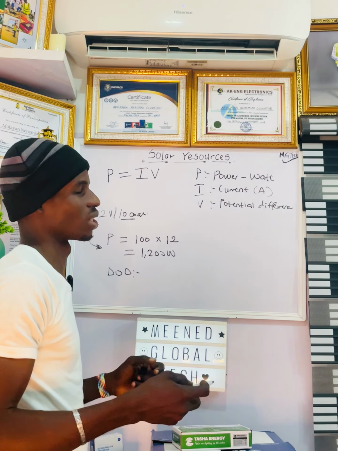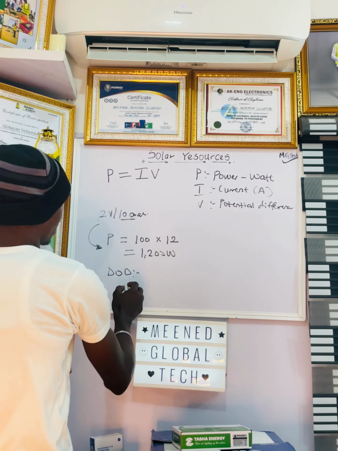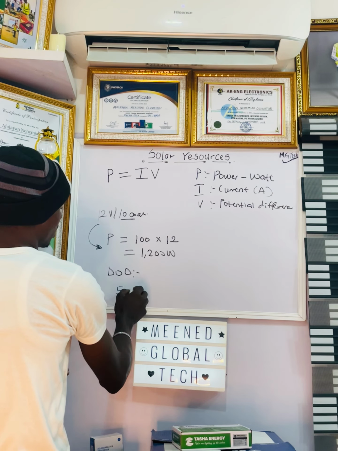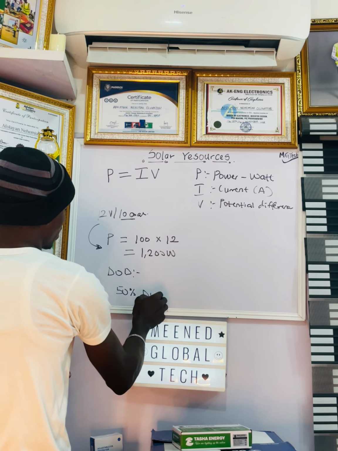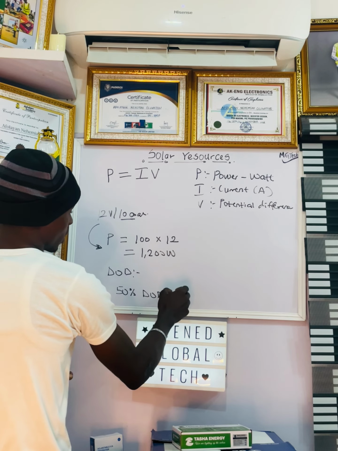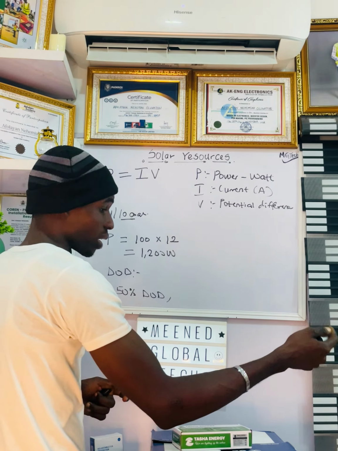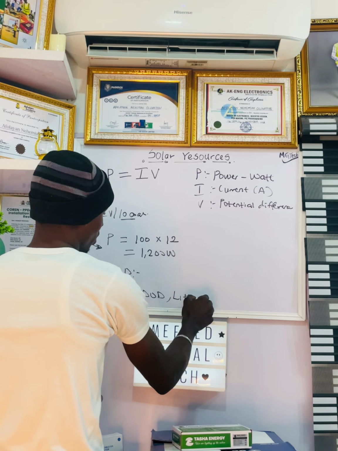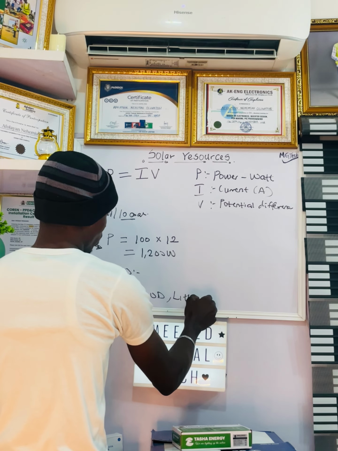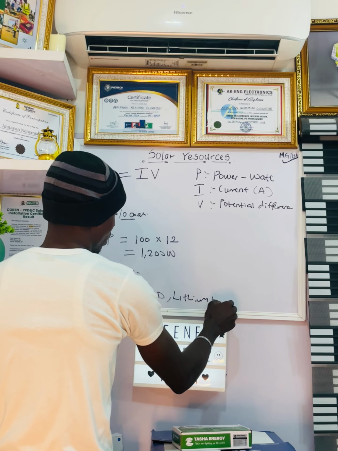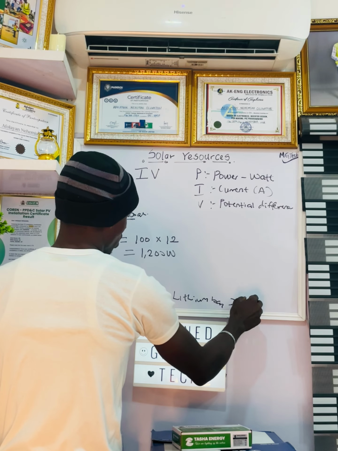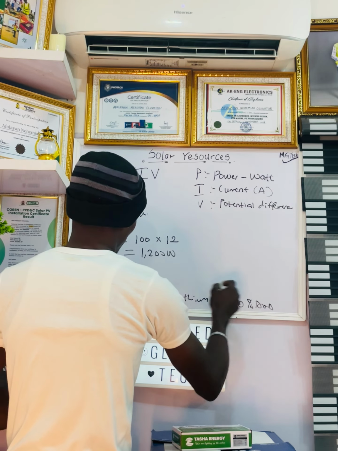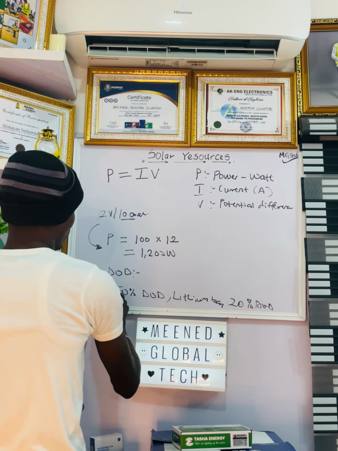Most times, dry cell or tubular batteries are around 50% DOD, and oftentimes lithium batteries are around 20% DOD. Let me use tubular or dry cell.